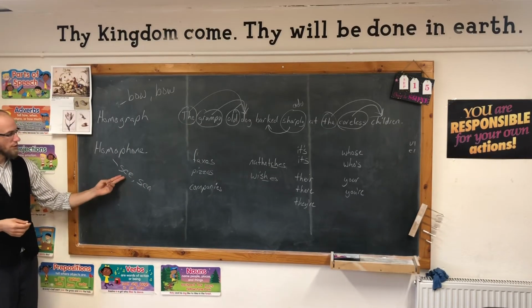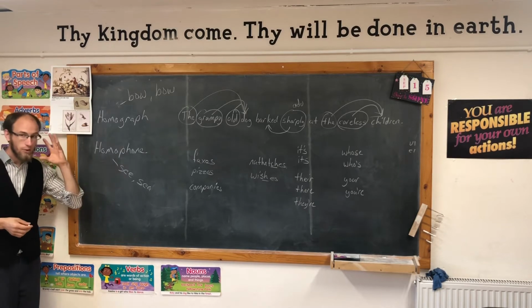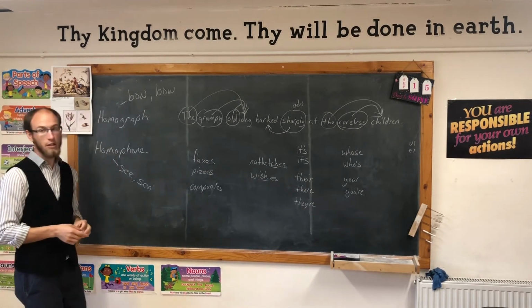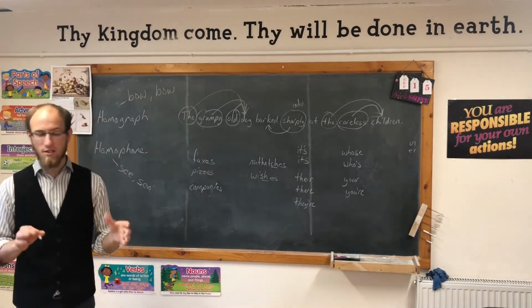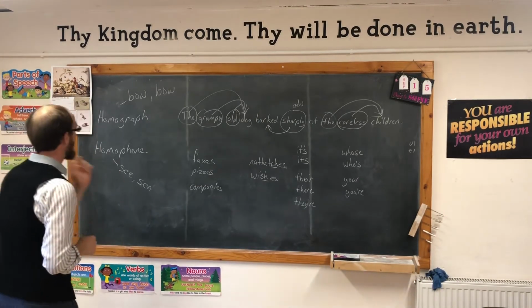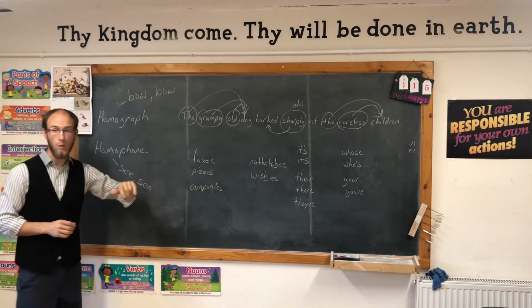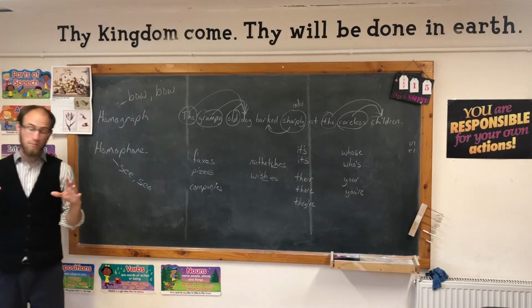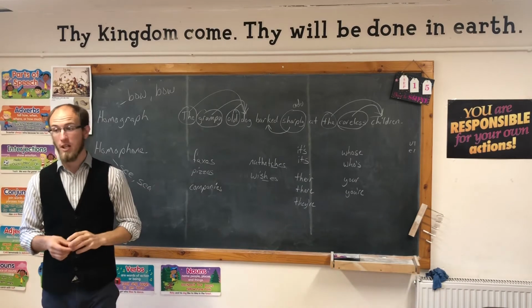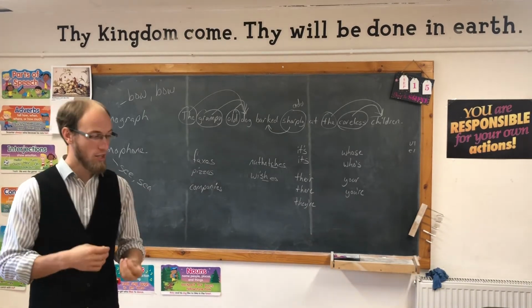So homophones sound the same, but they actually mean two different things. I think the homographs can be very troublesome. Do you pronounce it bow or bow? Depending on its meaning, it's pronounced totally different, and sometimes it can really change up the sentence.